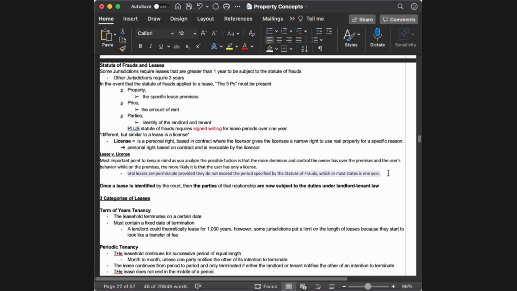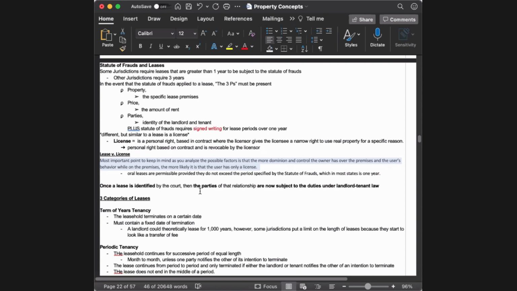Oral leases are permissible provided they do not exceed the period specified in the statute of frauds, which in most states is 1 year. So that's just to give you a contrast: most licenses are going to be oral, just based on the nature of how we go about doing a license to use a property.